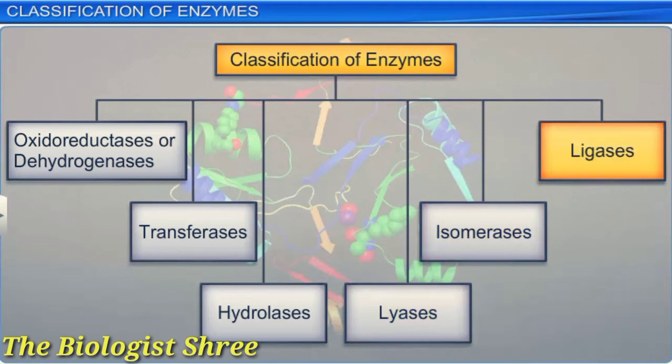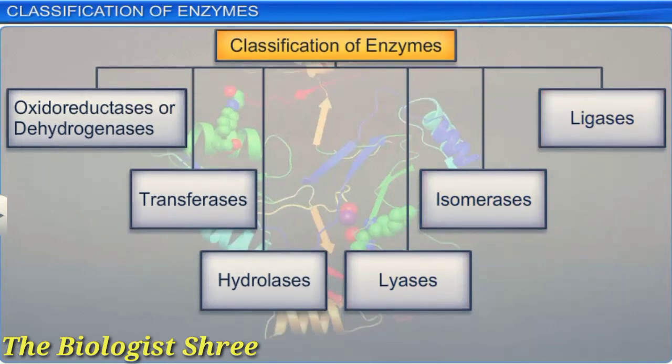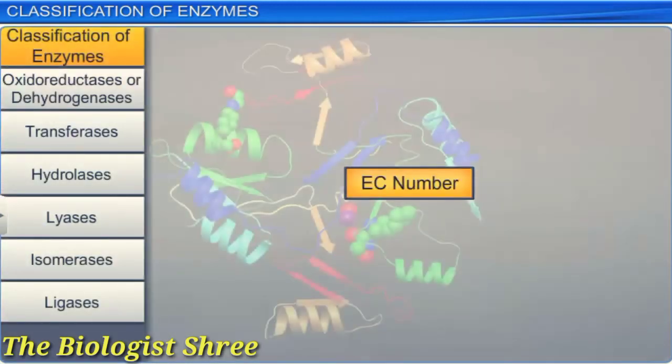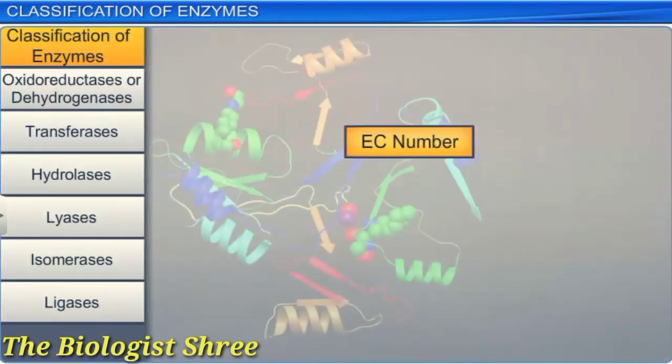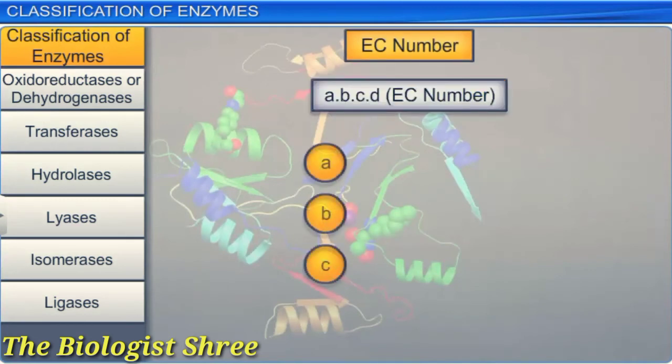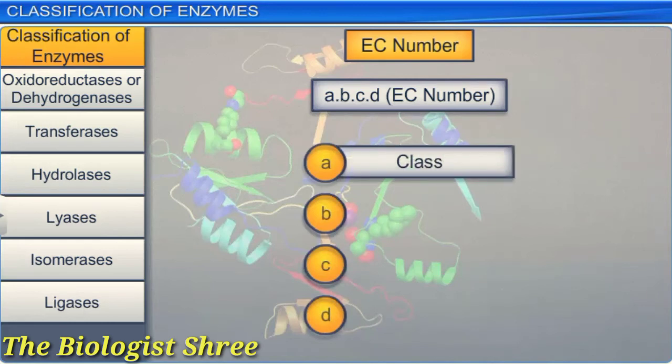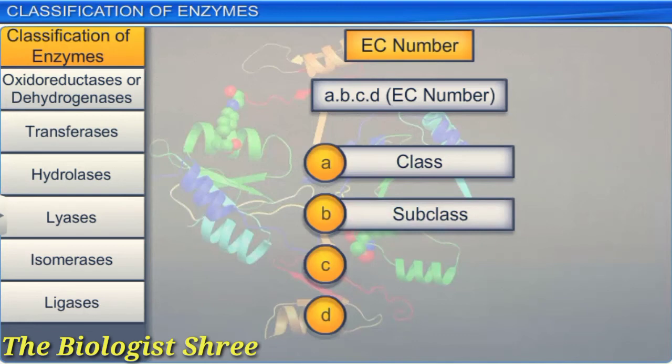Each of these classes is further divided into 4 to 13 subclasses, named by a 4-digit number or EC number. In an EC number, for example, A, B, C, D, A will denote the class, B the subclass, C the sub-subclass, while D will denote the sub-sub-subclass.